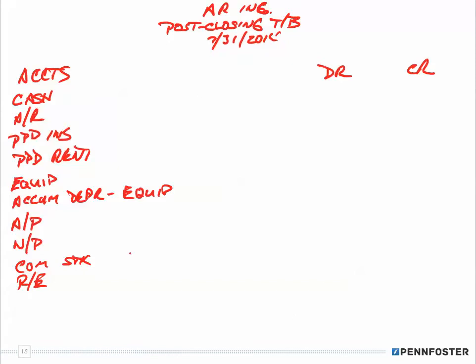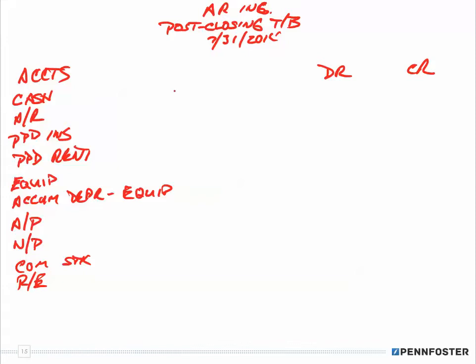So since we've made the closing entries and those temporary accounts have zero balances, it's acceptable not to list them on the post-closing trial balance.